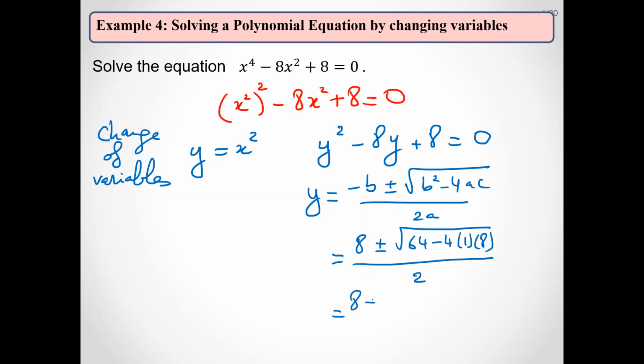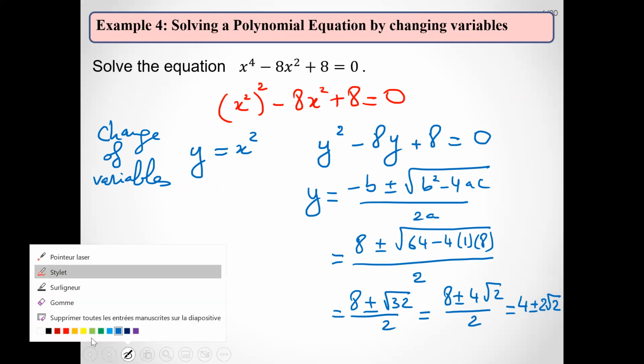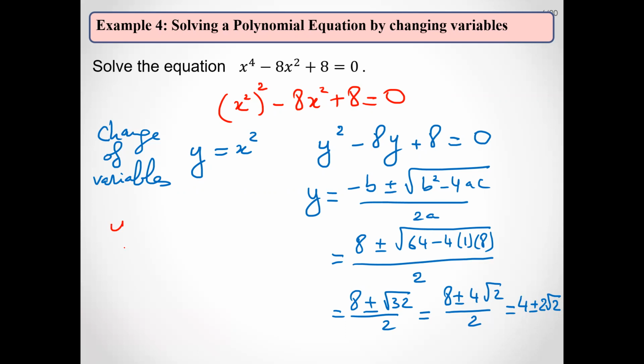We calculate this, we obtain root 32 over 2. Root 32 is root of 16 times 2, so it's 4 root 2 over 2, and we can finally simplify: 4 plus or minus 2 root 2. We are not done still, because this is y. y equals 4 plus or minus 2 root 2.